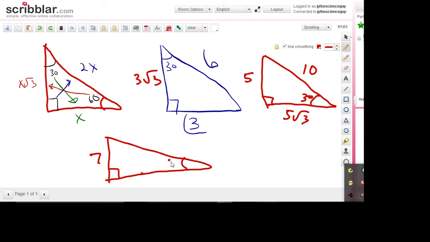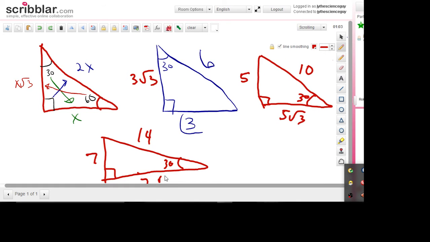Again, this is the 30 side. So that side is 14. You got it. And that side is 7 root 3. I know the number looks funky, but it's just a number. It'll give you a decimal. Okay? So they're always going to be in those proportions. Are you okay with the 30 side? Okay.